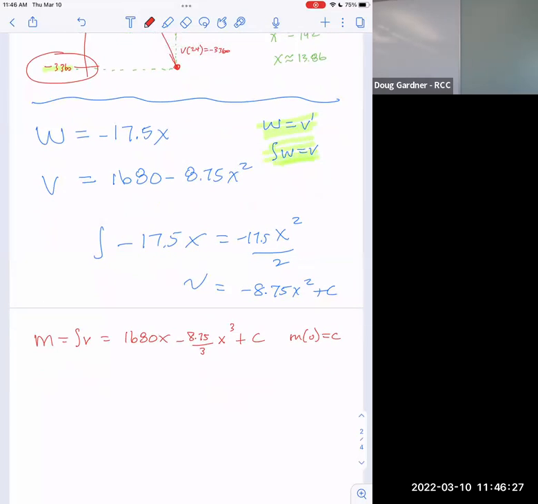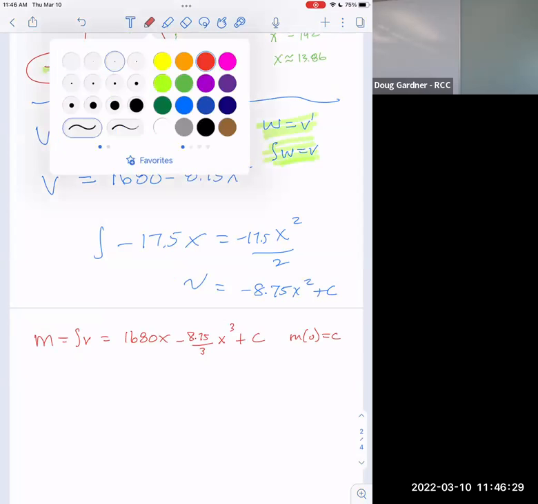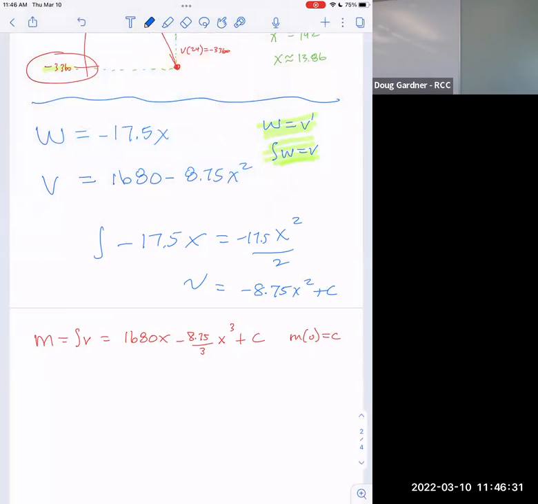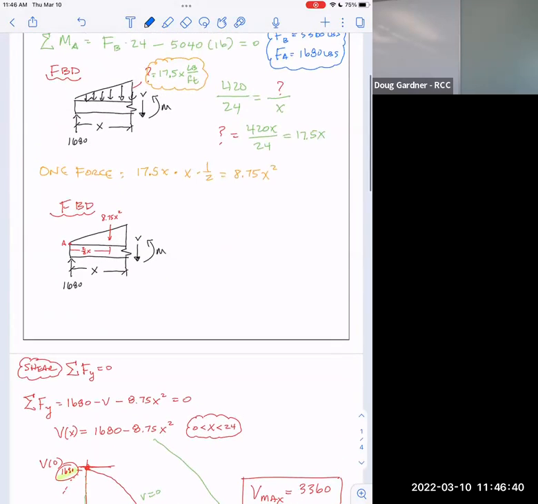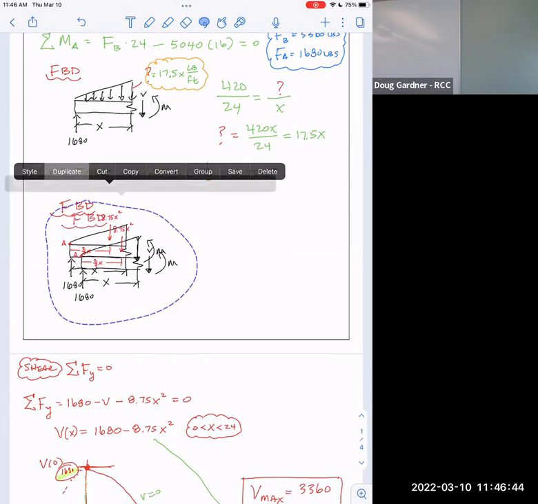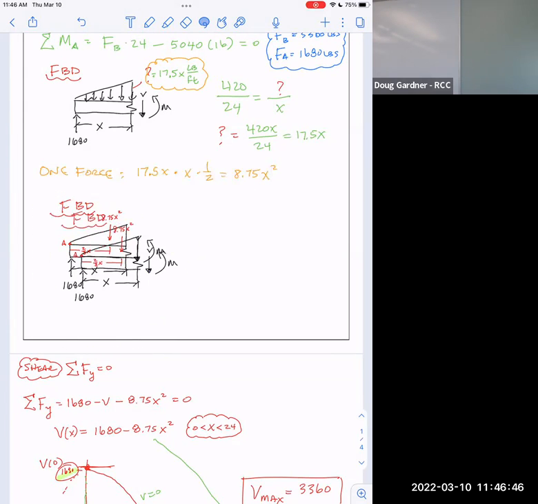Let's see if we can do this the long way, drawing a picture and so forth. What would the moment equation be, if you will, manually? I'm going to copy this free body diagram down so we can see it where we need it.